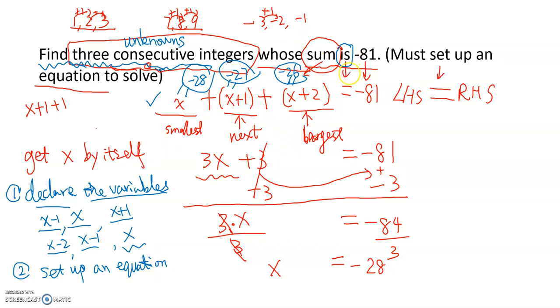Whenever you see a word like "is" or "equals," that will give you the equal sign in the equation. After you set up the equation, of course, you will solve the equation. So in general, we have these 3 steps. First, start with the unknowns and express them in terms of variables. Secondly, set up an equation, and then finally solve the equation.